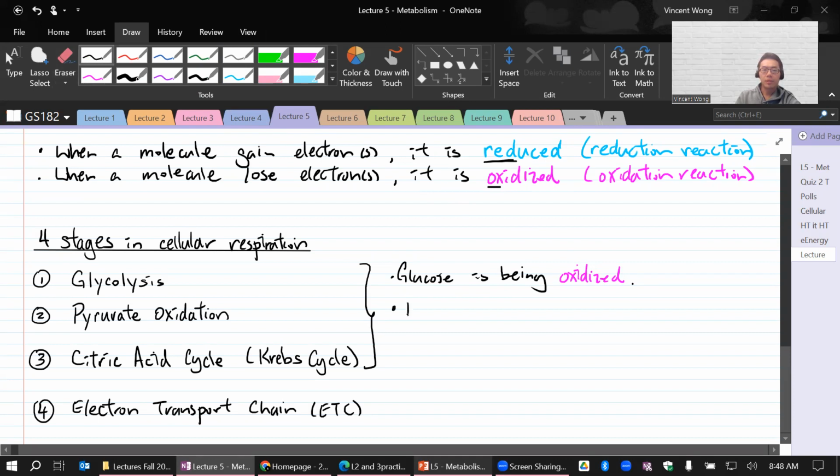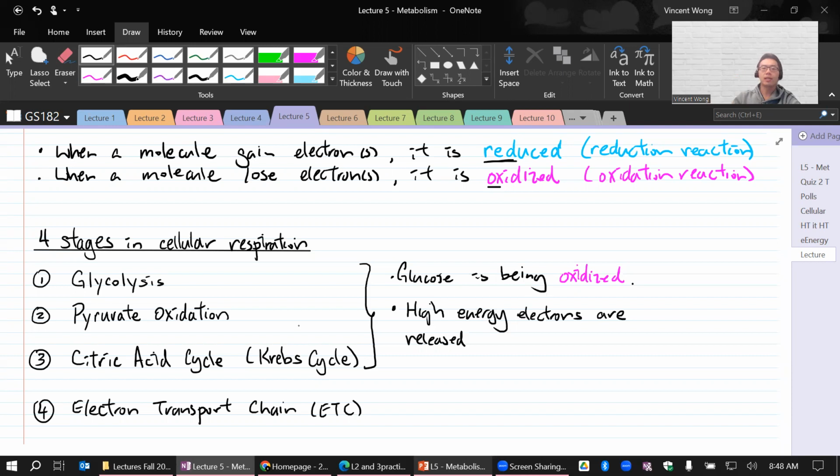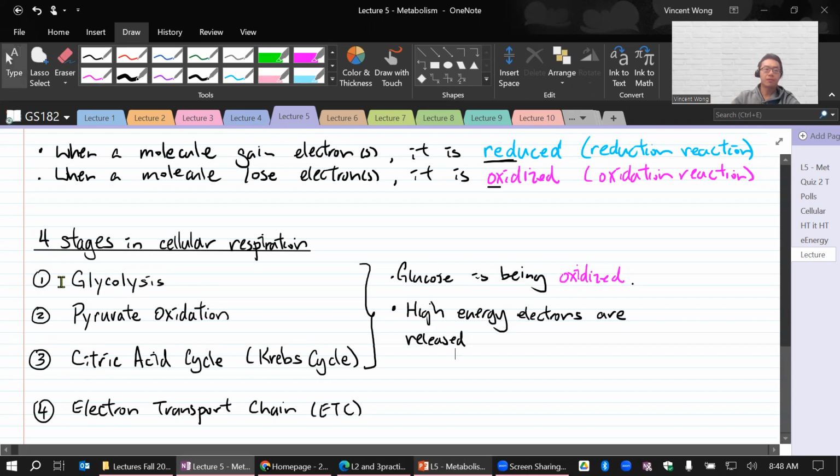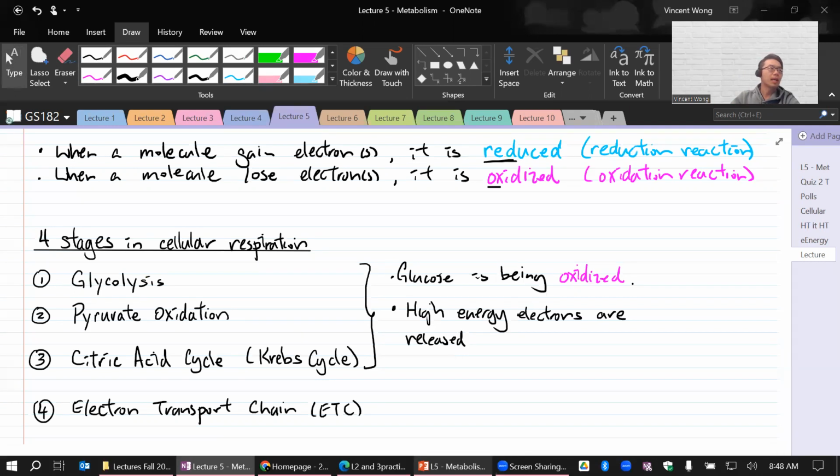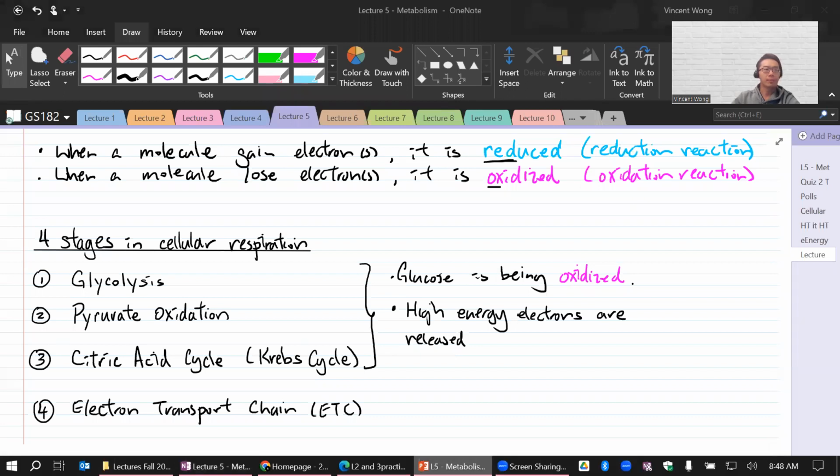Okay? And then we have high energy electrons are released. Okay? So as you oxidize glucose, all these very highly energized electrons are being released from step 1, from step 2, and from step 3.